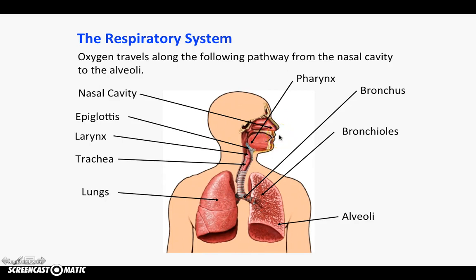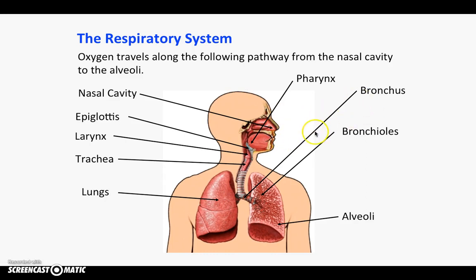Through our nose we breathe in, and we just need to be aware that within our nostrils there are hairs that basically filter out dust, pollen and other foreign objects. You don't really need too much information with regard to that. You just need to know that we have our nasal cavity here, i.e. our nose, two passageways where we breathe oxygen in through our nose.